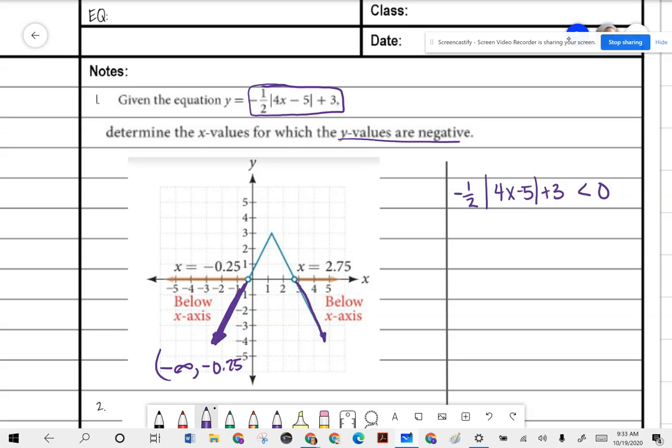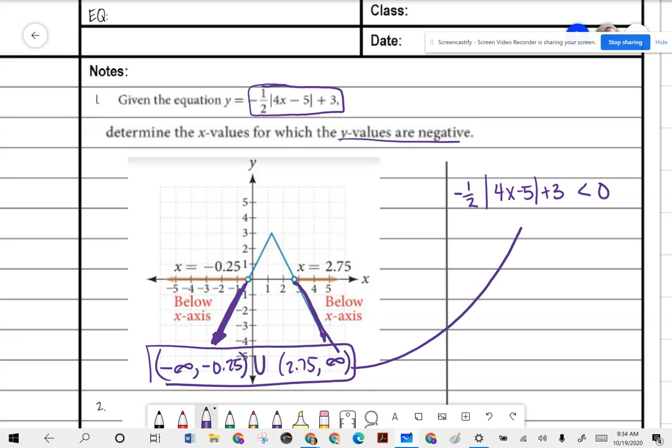It says less than 0, not equal to 0, so I have to have parentheses. And then it picks back up, so we need the U symbol. It picks back up right over here at 2.75, and it goes on forever, so we're going to have infinity. All right, so this is the solution to where this function is less than 0.